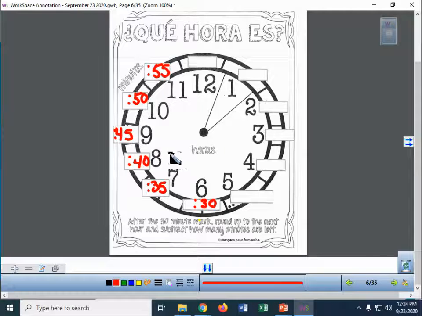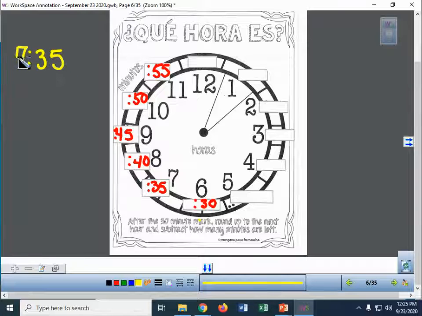We all know that the little hand, the short hand, tells the hour and the long hand tells the minutes. So to tell time past the 30-minute mark, this is what we need to do. Let's start by writing the time 7:35.